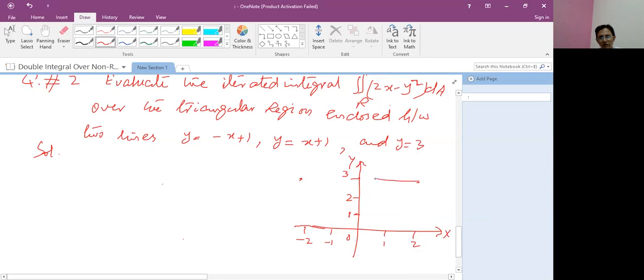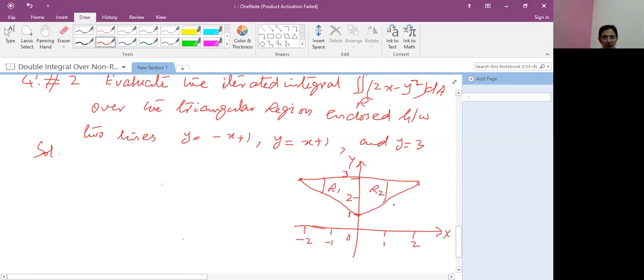When we join together, and it is connected with 1, make a triangle. So it is called R2, it is called R1.